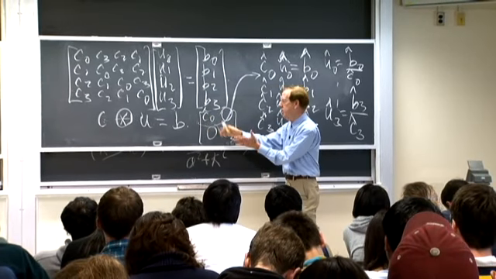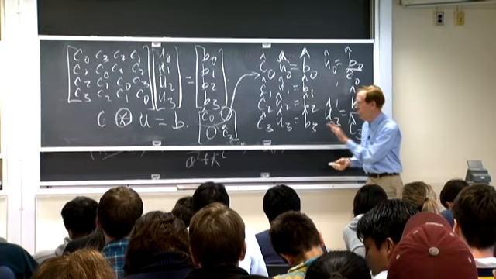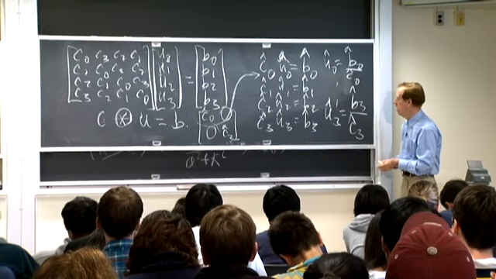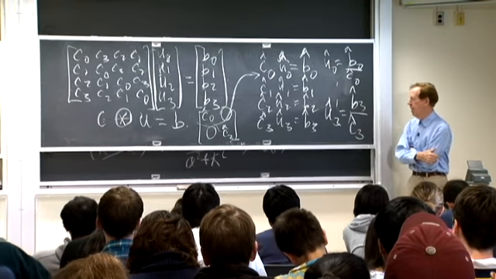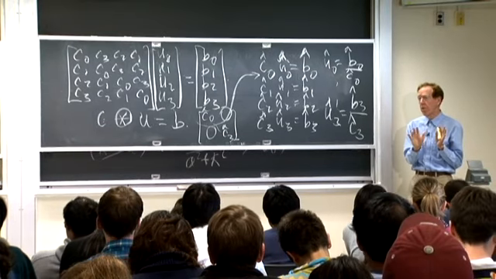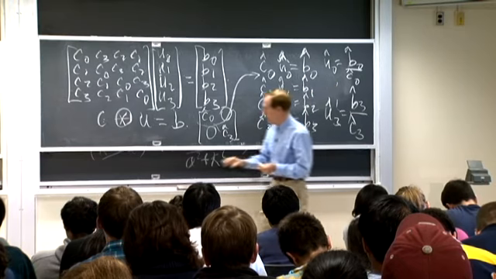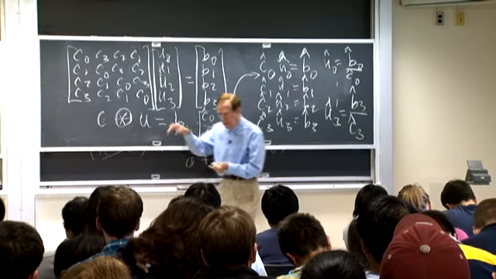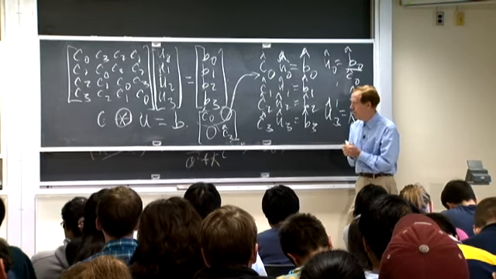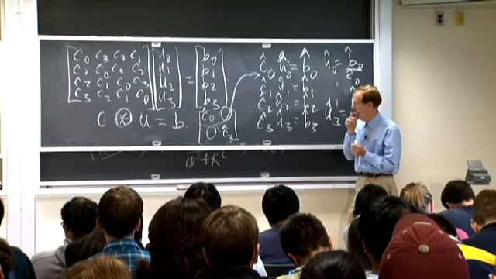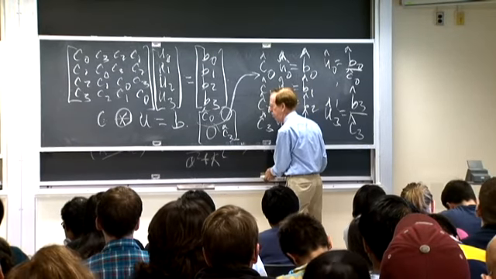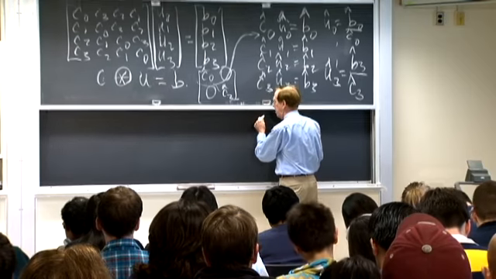When we did the Fourier transform, we were switching to eigenvectors. Okay, so that's the message, that the test for singularity is whether the Fourier transform of C hits 0. Then we're in trouble. Let me do an example you know.